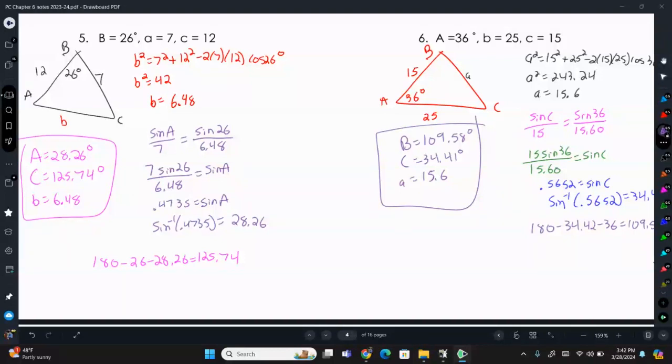You had to start off using law of cosines, and then I decided to switch to law of sines afterwards, and then found the smallest angle after that, because then you get two angles and you can just do 180 minus the other two angles to get the last one. So in all these problems, at one point, you could do 180 minus two angles to give you the third angle. So that's it for the law of sines and law of cosines.